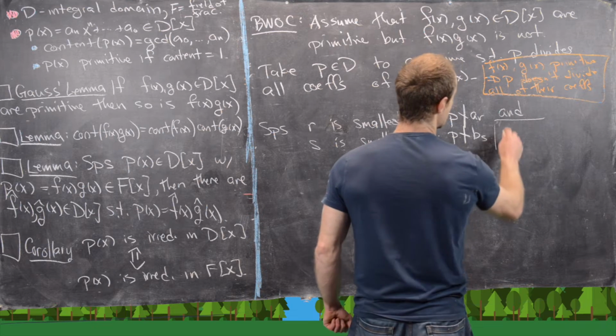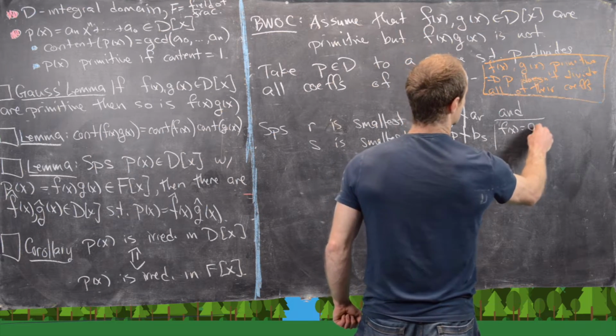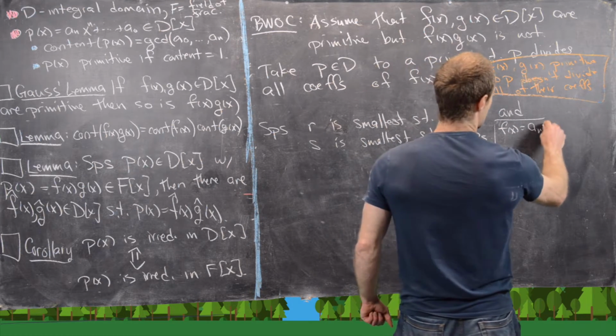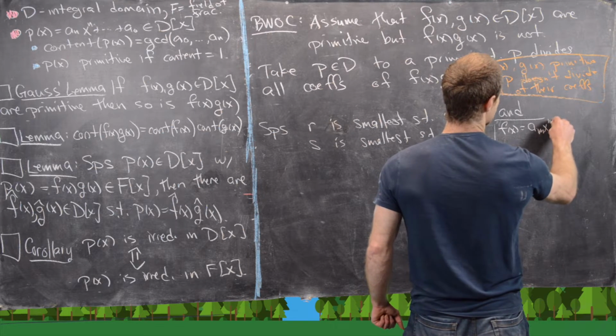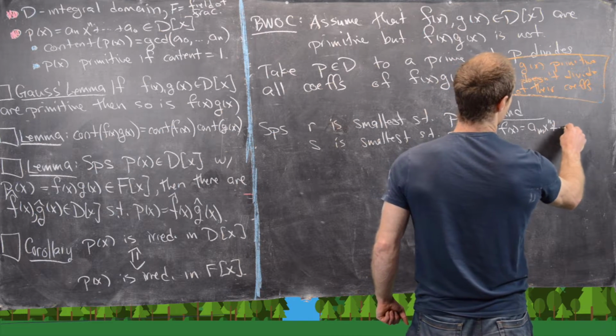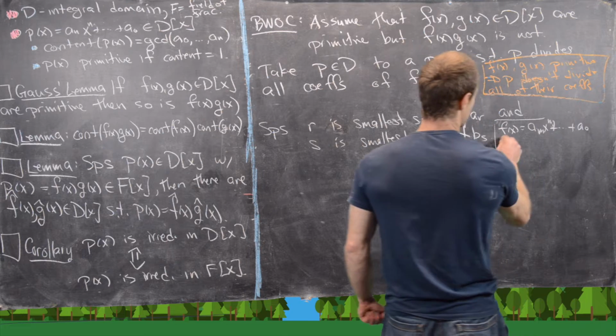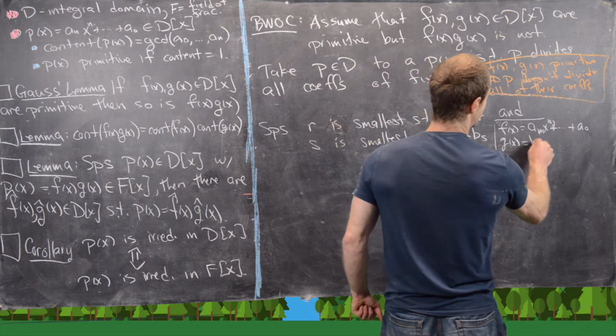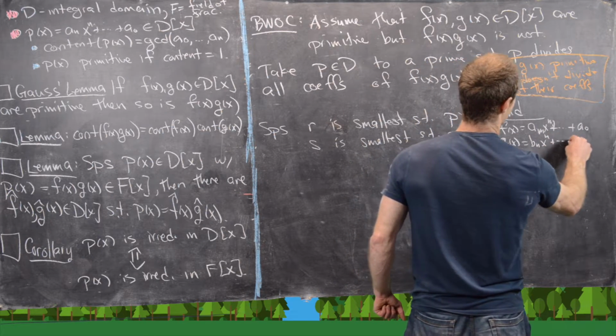And I should say here, where f(x) equals a_m x^m all the way down to a_0, and g(x) equals b_n x^n all the way down to b_0.